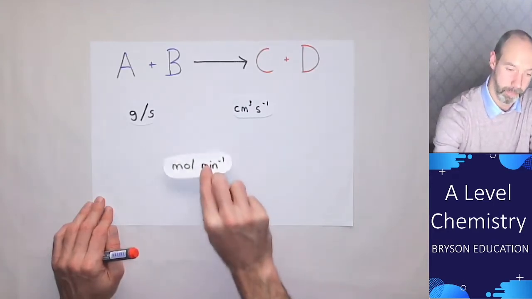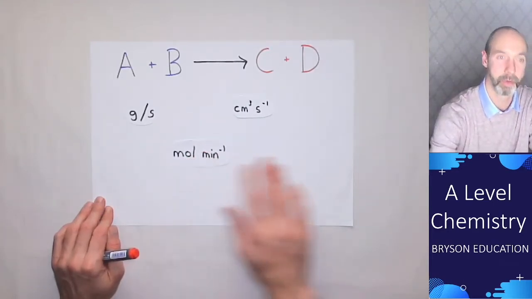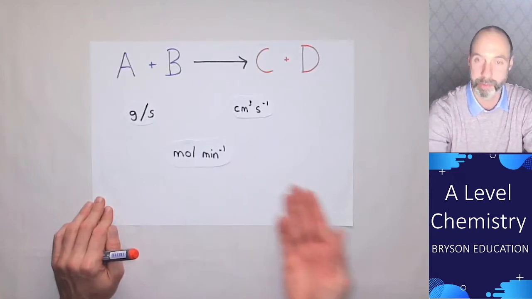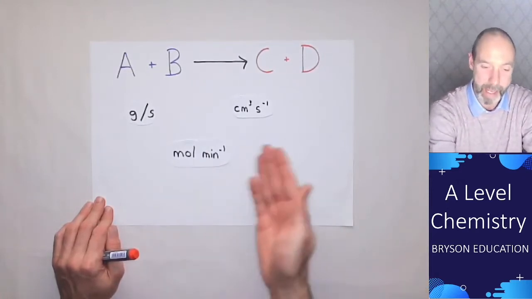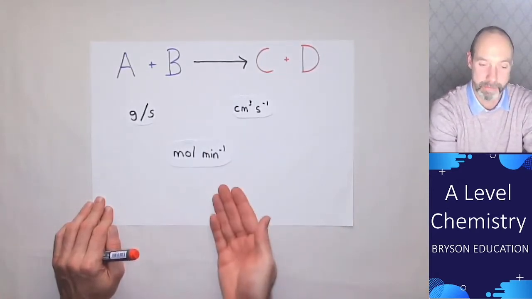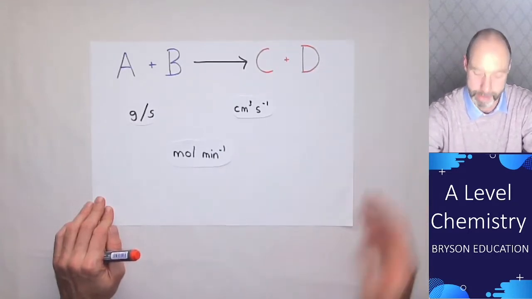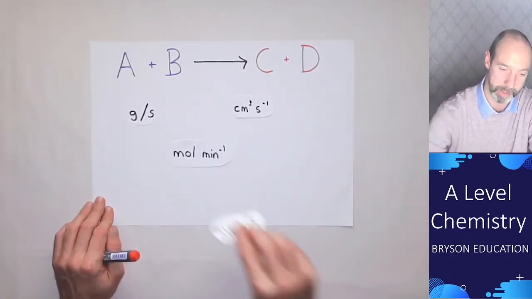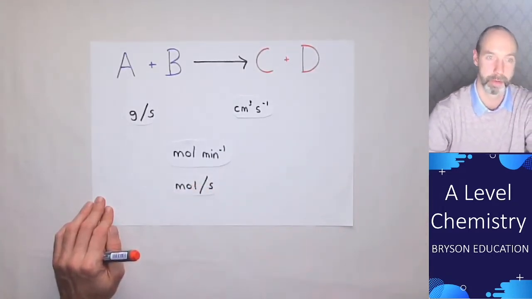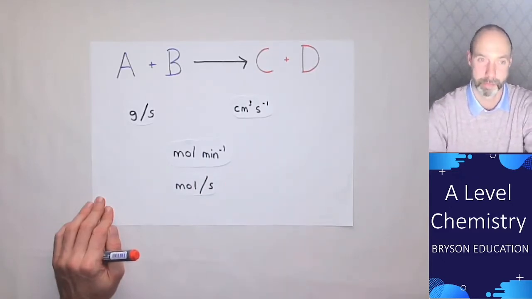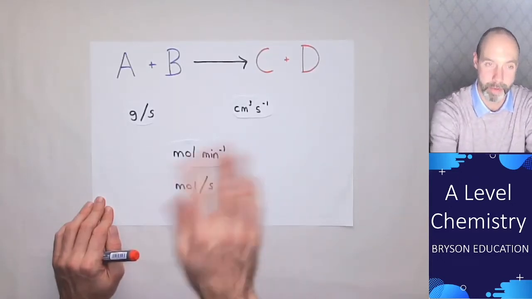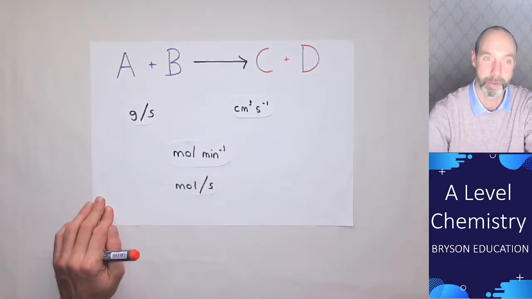Or we like to use the term moles in chemistry. We could use moles per minute. It's any amount of substance divided by time or per unit time. So we could do moles per second. We could do moles per minute. No difference. Obviously the values would be different, but these would all be suitable units for rate.